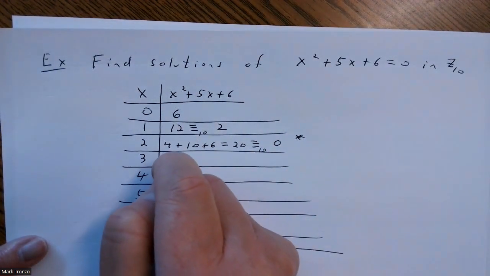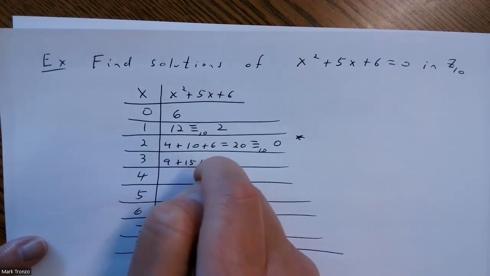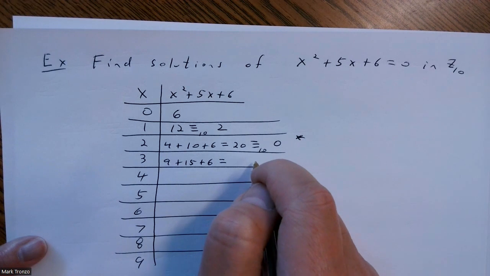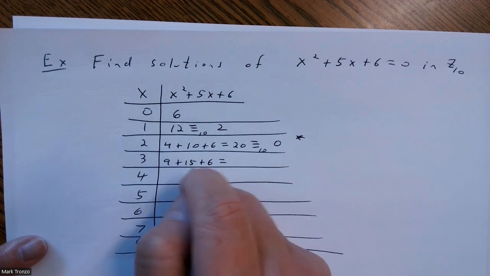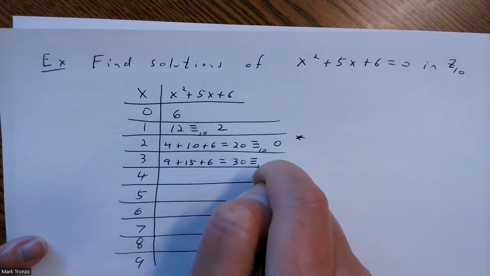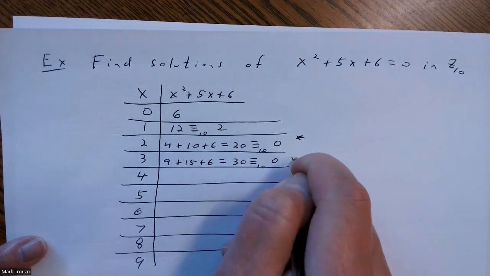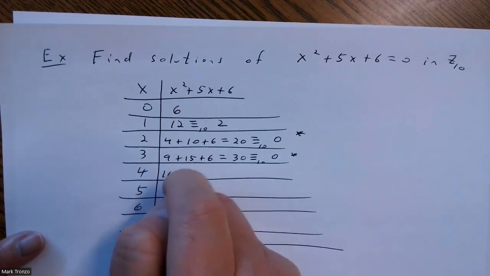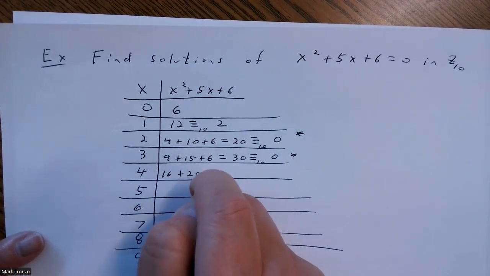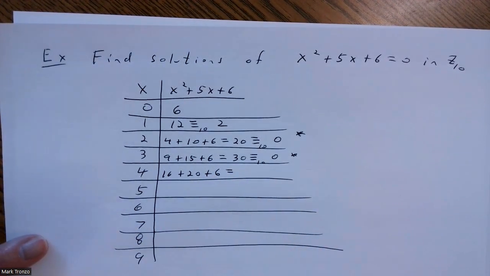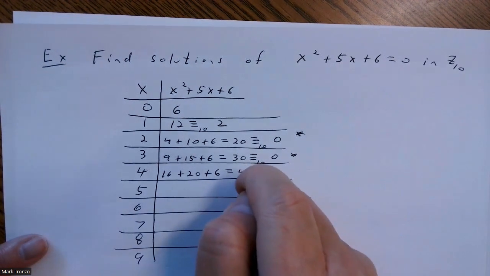Then the next one is going to be 9 plus 15 plus 6, which is going to be 30. And it looks like that's going to work. And this one's going to be 16 plus 20 plus 6, and that's going to end up being 42.